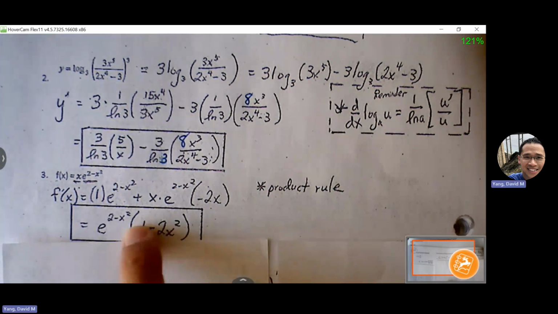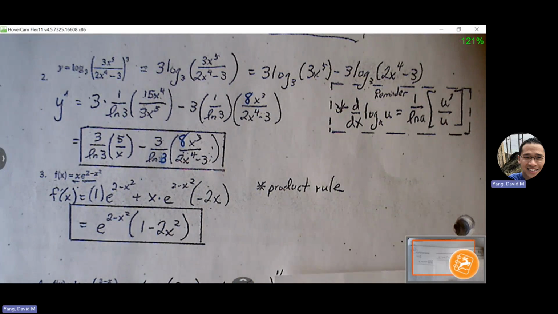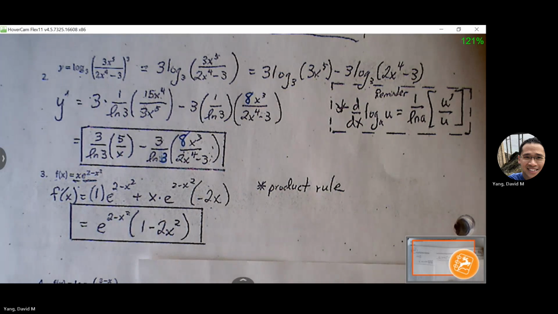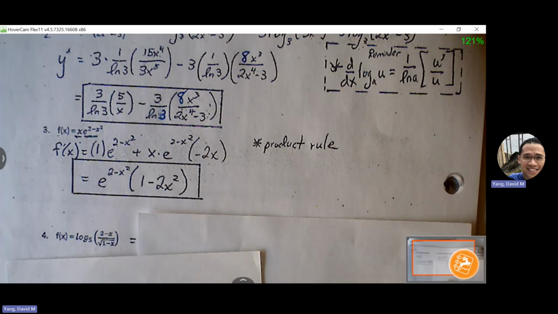You don't have to do this step here. I factored it out, but I'm not going to be picky about how you clean up your answer. What if you had the right answer, but then you factored wrong? Yeah, I may take off a point, so maybe it's safer to just leave the bigger answer.